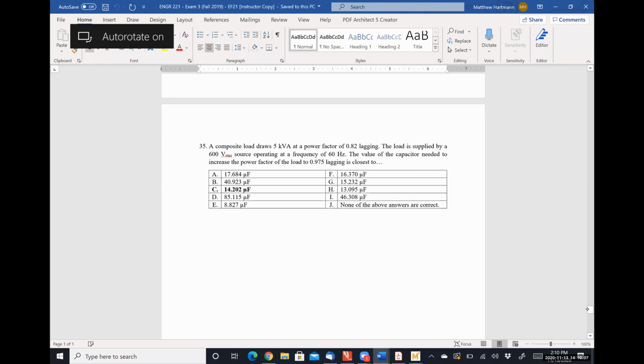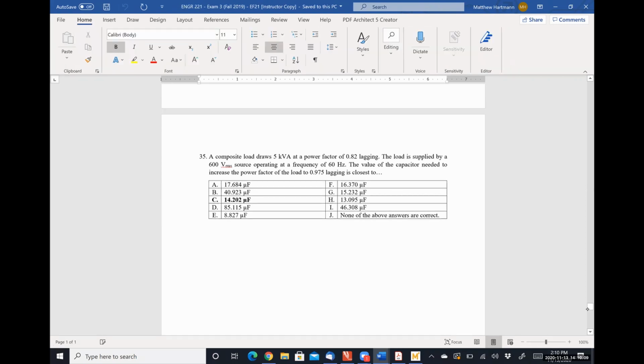All right, so we're told that a composite load draws 5 kilovolt amperes at a power factor of 0.82 lagging. So kilovolt amperes is representative of what quantity? Is it reactive power, average power, or apparent power?